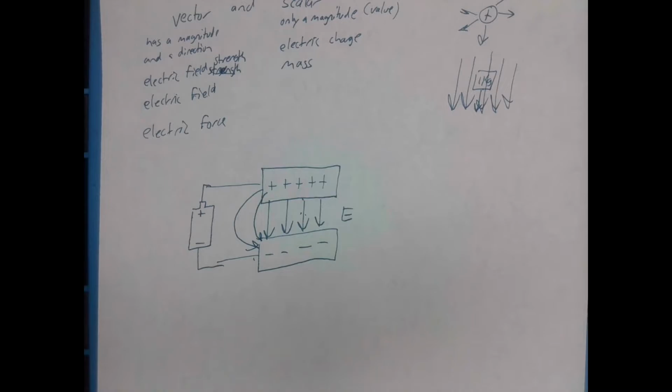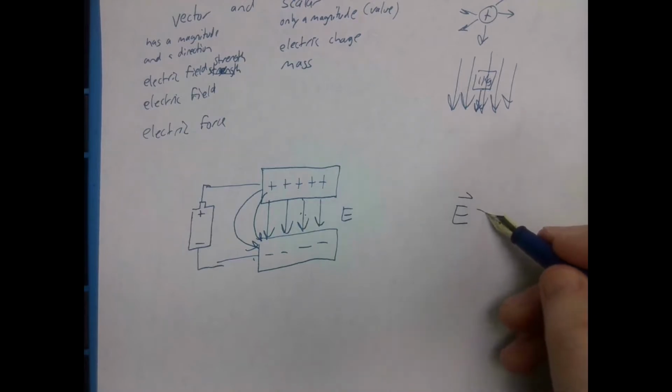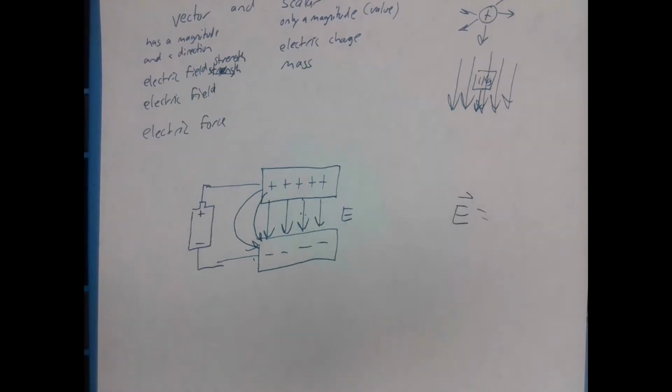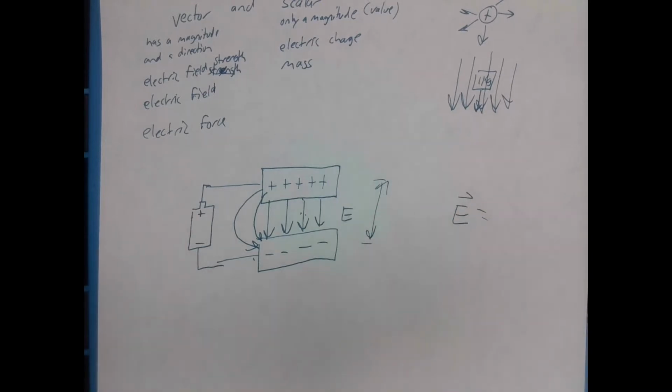Do you remember the equation for it? I thought electrical field is equal to the distance between these plates, the voltage, and I want to say area. But the original thing assumed infinite area, so area makes no sense.